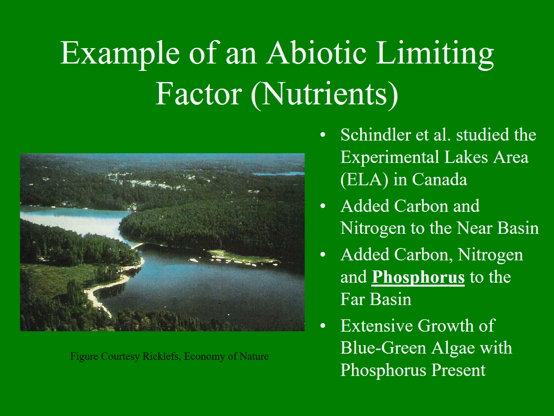So the near basin, they added carbon and nitrogen, no change. The rear basin, carbon, nitrogen, and phosphorus. And with the phosphorus, the blue-green algae population just exploded, made this big algae scum all over the top of the surface of the lake.